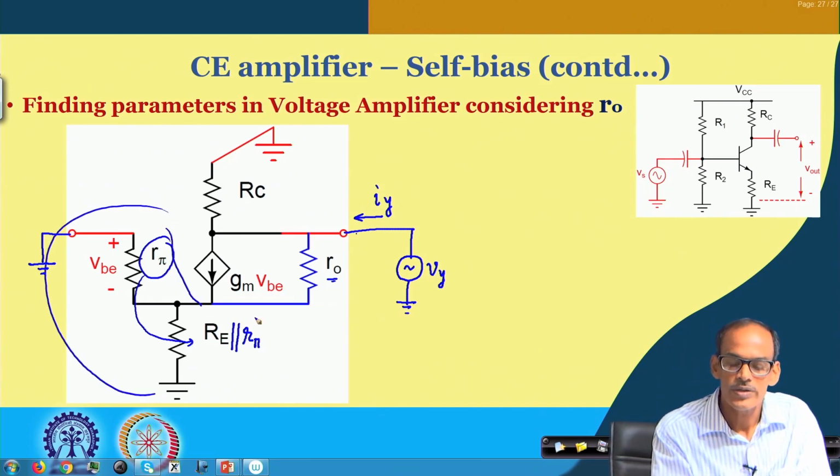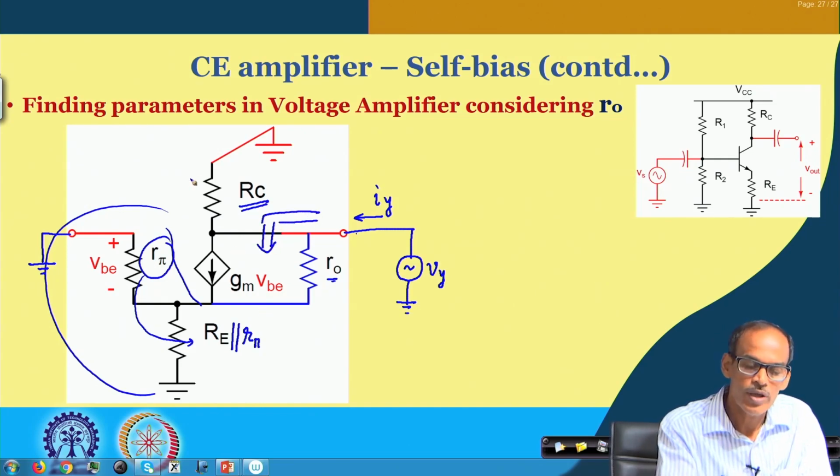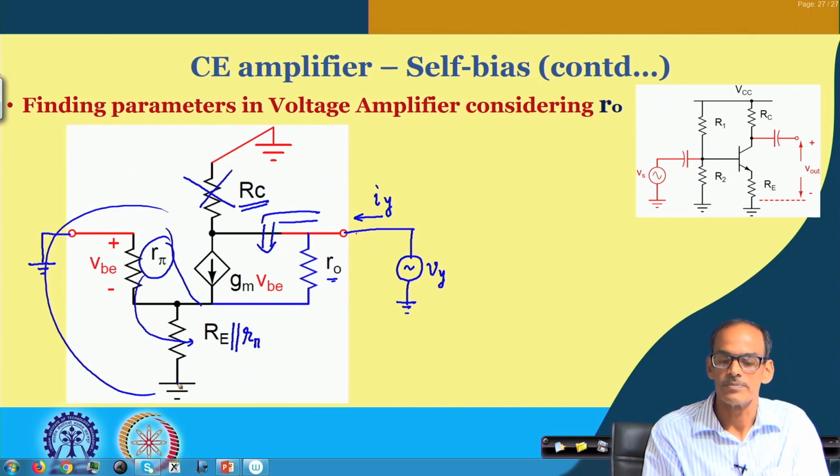On the other hand, since we are finding the output resistance, which is the parallel connection of this Rc and whatever resistance we see in the lower side, for simplicity we drop this part for the time being and analyze only the lower part.